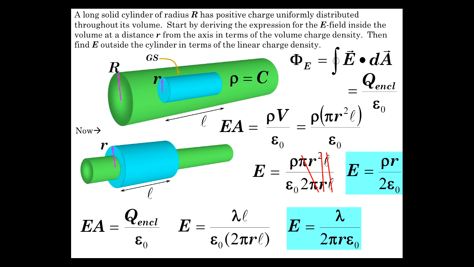And then it's getting less when you go for a cylinder of charge or a line of charge. The field diminishes by 1 over R. So 1 over R is fighting this R squared increase in total amount of charge, giving us R proportional to R. Whereas down here, we're not enclosing any more charge outside of the cylinder, and it's just inverse R away from a uniform line of charge. So there it is, inverse R.